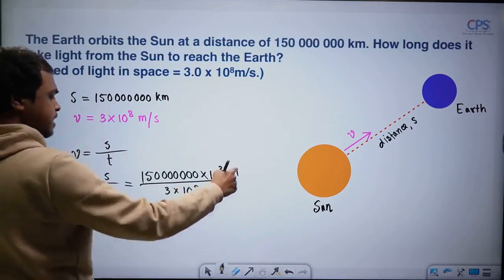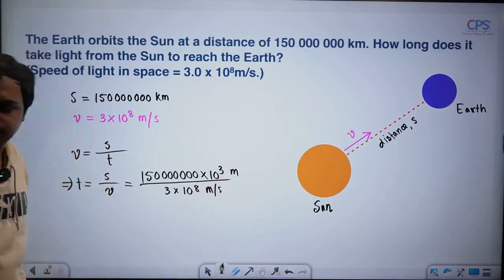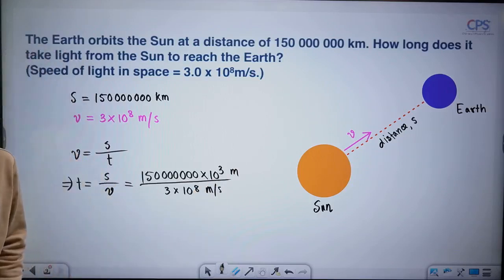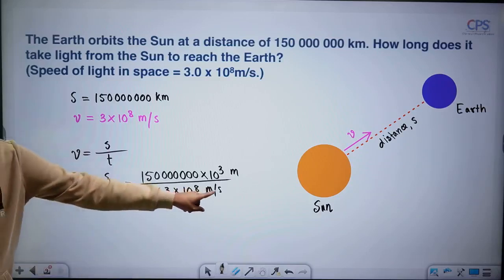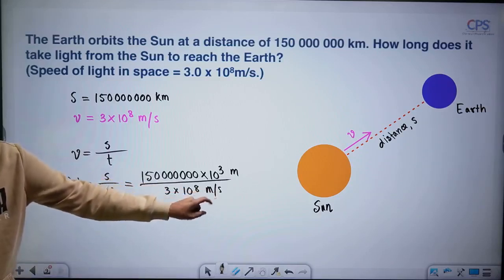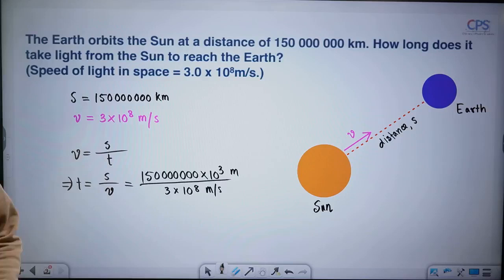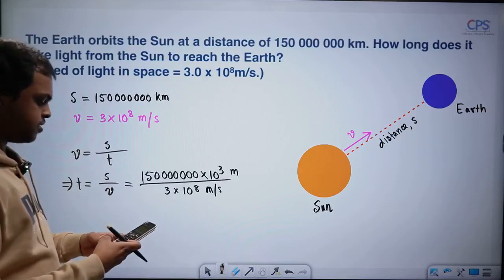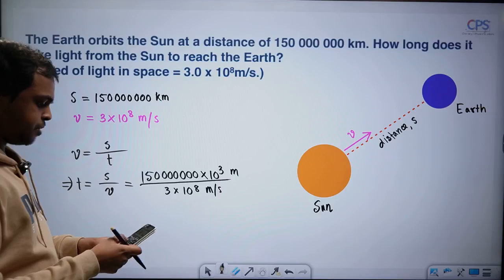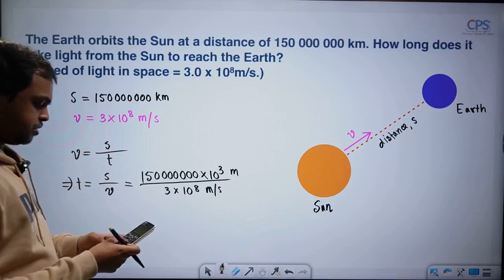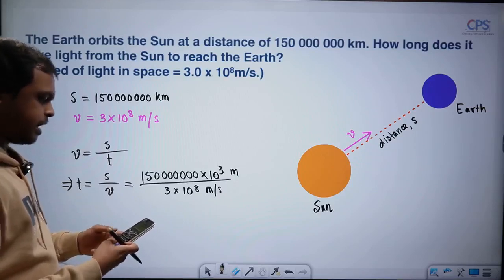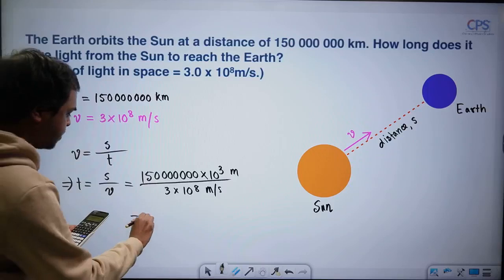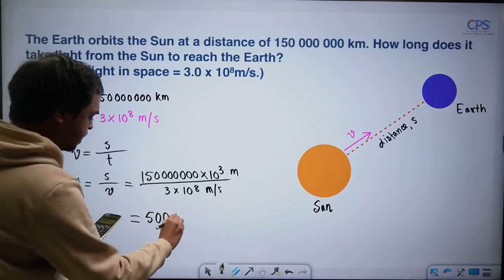So this meter and this meter cancel each other, they are eliminated, and whatever remains is the second, right? So calculate it. 150,000,000 into 10 to the power 3 divided by 3 into 10 to the power 8, and that's 500 seconds.